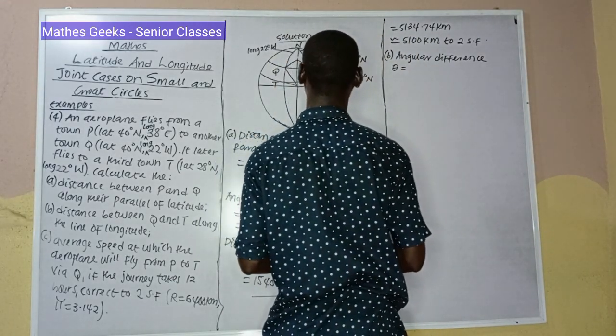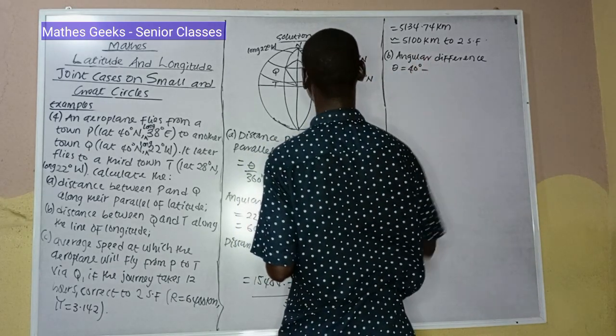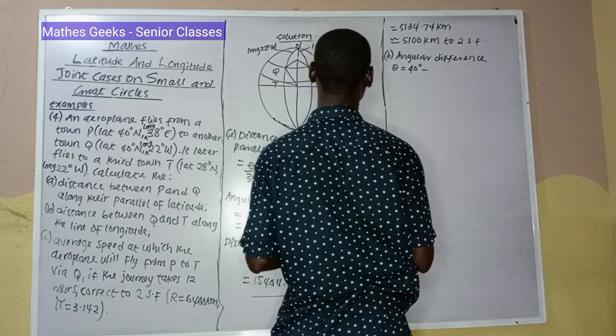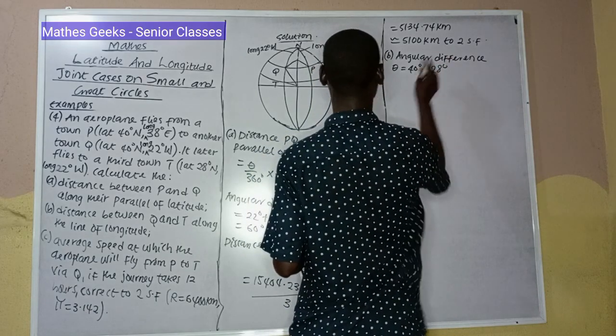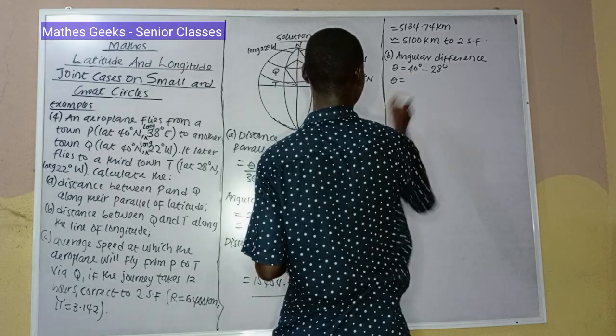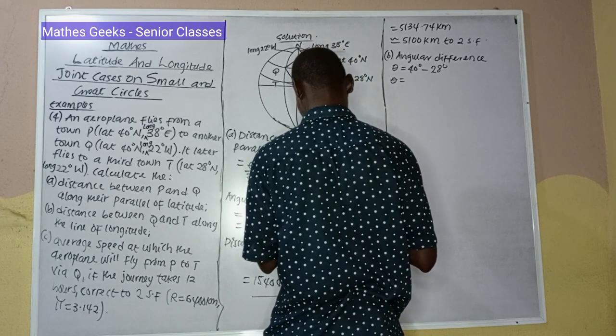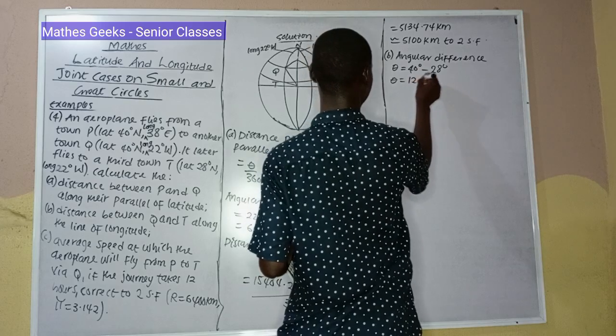Latitude Q is 40 degrees north, minus latitude T, 28 degrees. We're subtracting because both Q and T are on the same side of the globe. So theta is 40 degrees minus 28, that's 12 degrees.